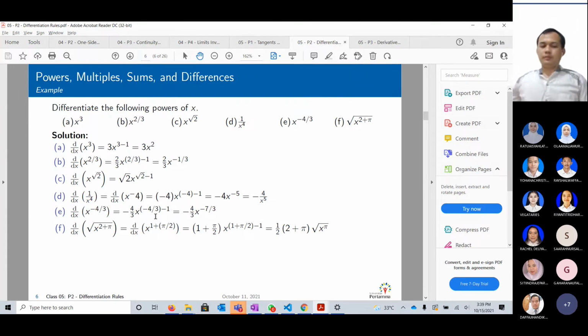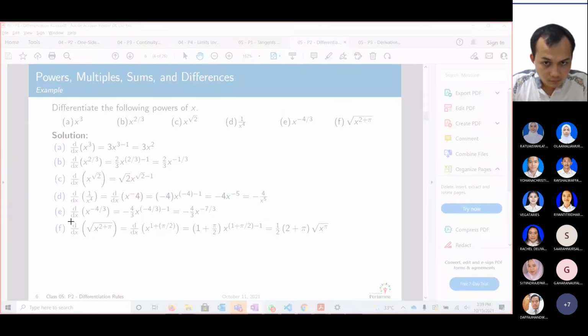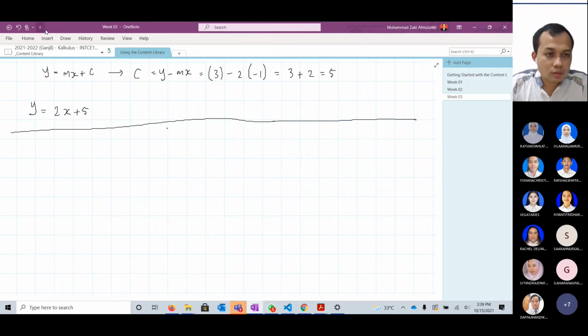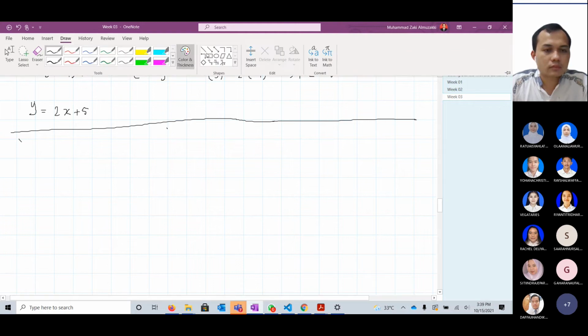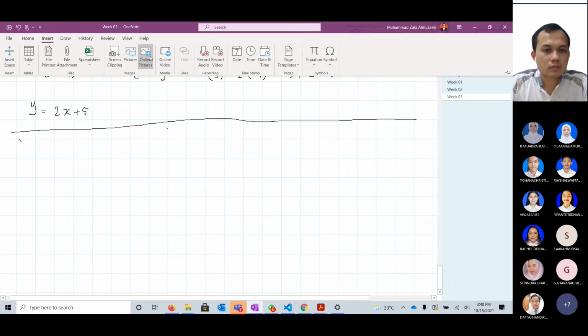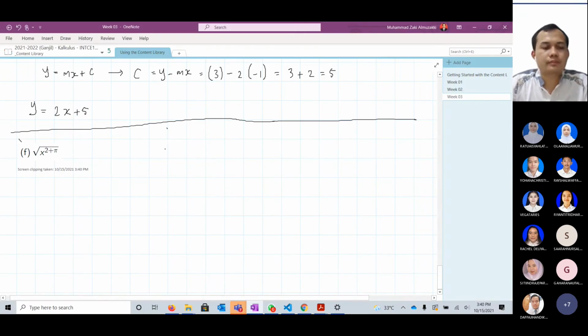Okay, square root. For this square root, we can write it as x power 2 plus pi powered by half.